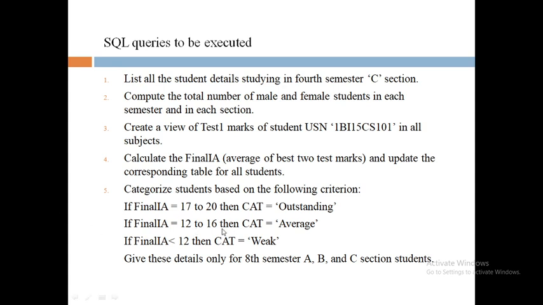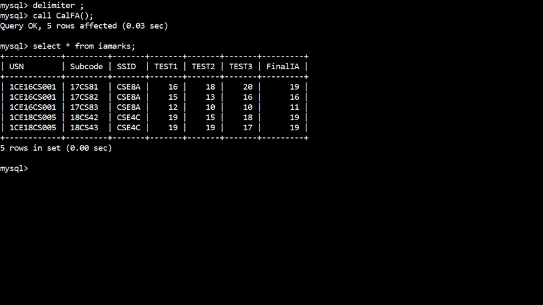If it is 12 to 16, average. And if it is less than 12, then weak. This grading we have to give only for 8th semester ABC section students.